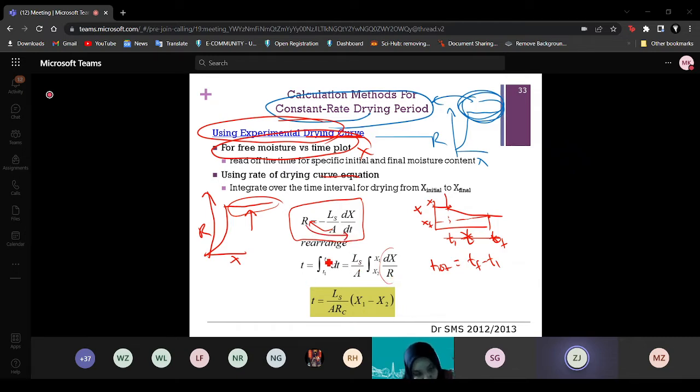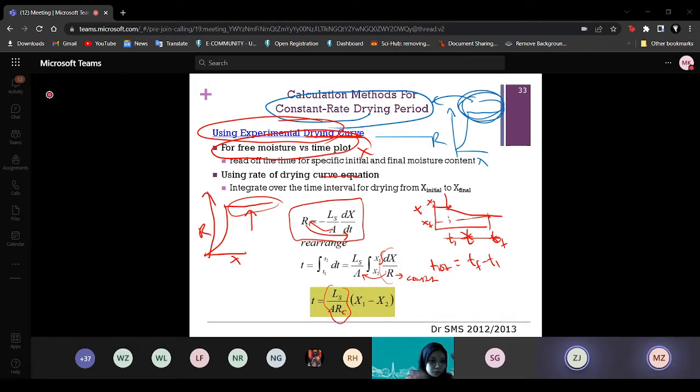So you have integration of dt. So T will become, since R is constant, R here is constant. So what happened? R you can pull out. Okay, so it becomes here Ls over A, you put C here as constant rate period. And you integrate the dx, so it becomes x1 minus x2.